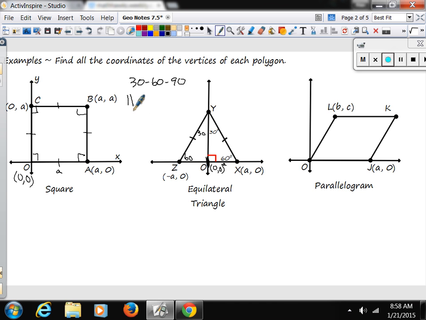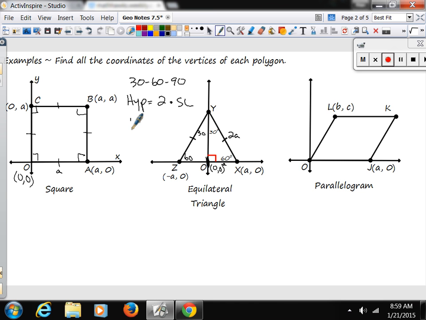The hypotenuse equaled 2 times the short leg. So whatever the short leg was, you double it, you get your hypotenuse. So that would tell me that this length would just be 2A. That length. That's not the vertical length. That's the hypotenuse. Just talking about length right now.